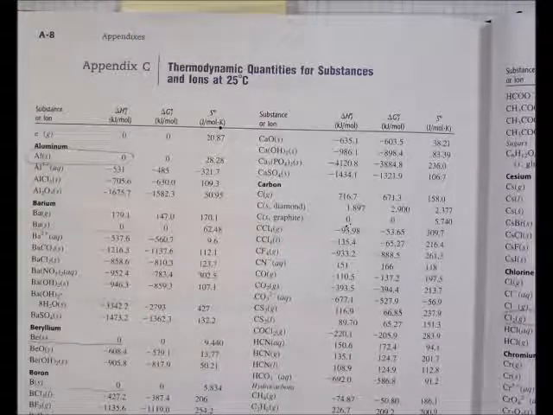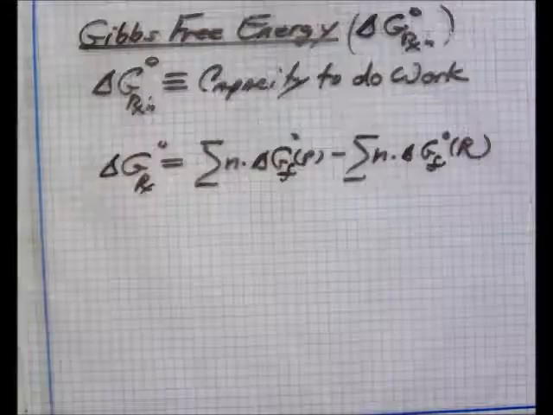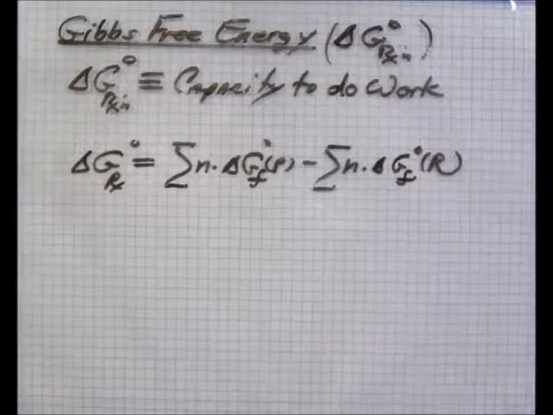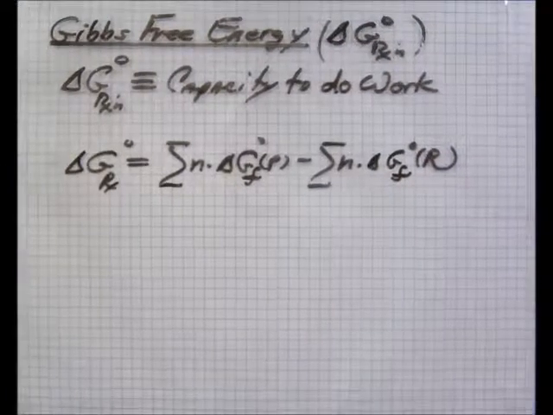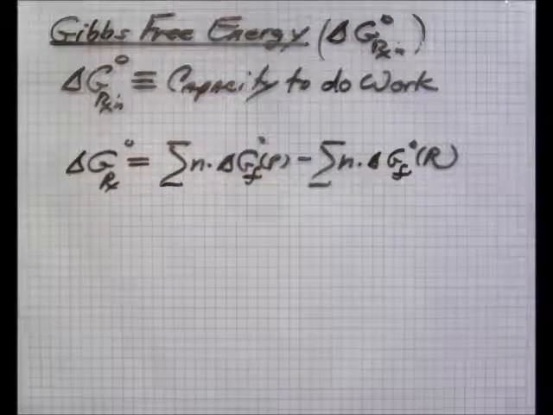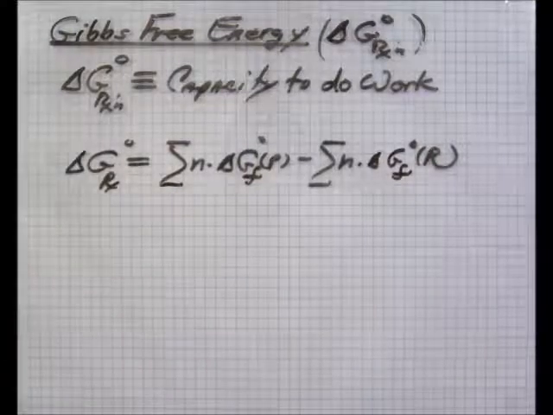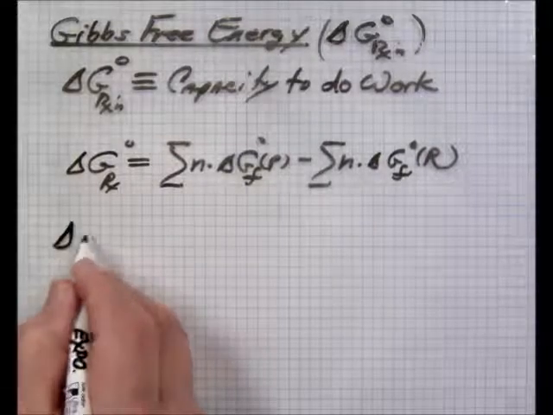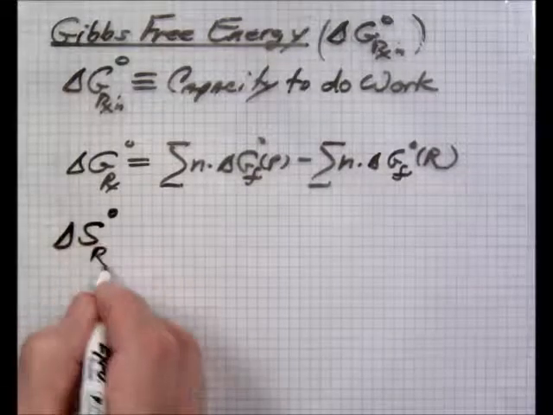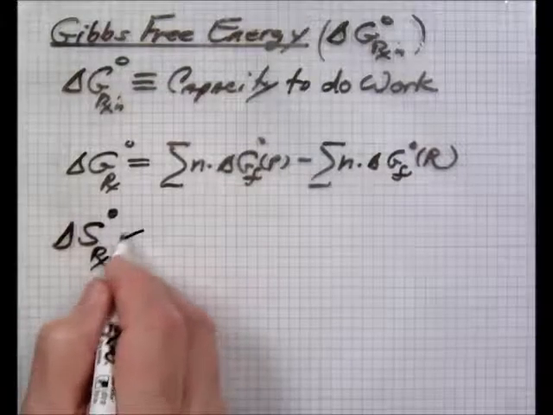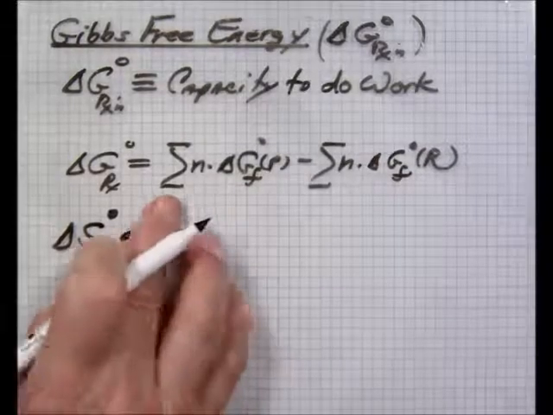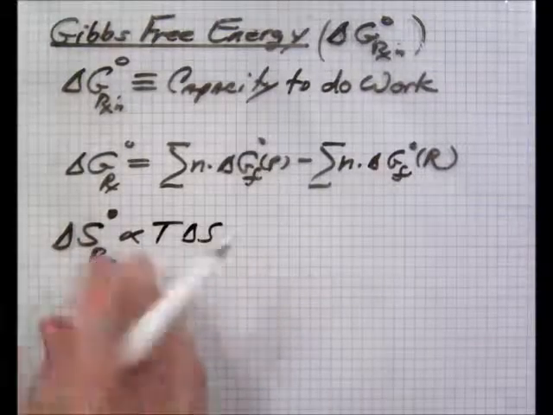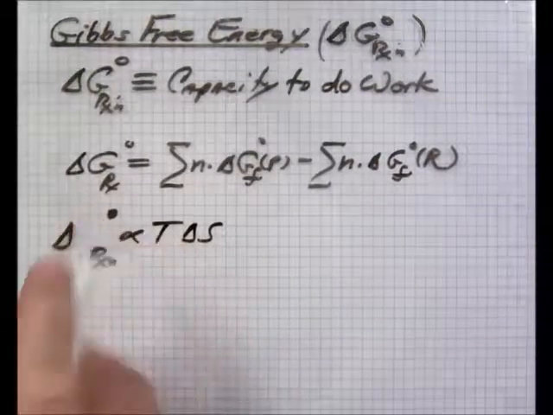It is also an indicator of spontaneity. The delta G is a measure of spontaneity and comes from the entropy equation, delta H of reaction proportional to T delta S. Delta H of reaction, I'm sorry.